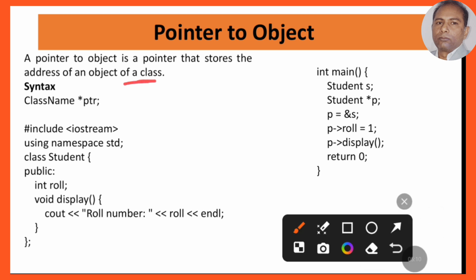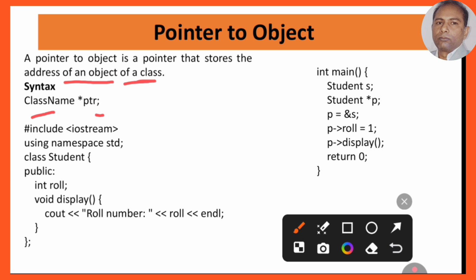So this is known as pointer to object, meaning it holds the address of an object of a class. Now, to declare a pointer to object, we initially write the name of the class, then we write the dereference operator, then the name of the pointer.